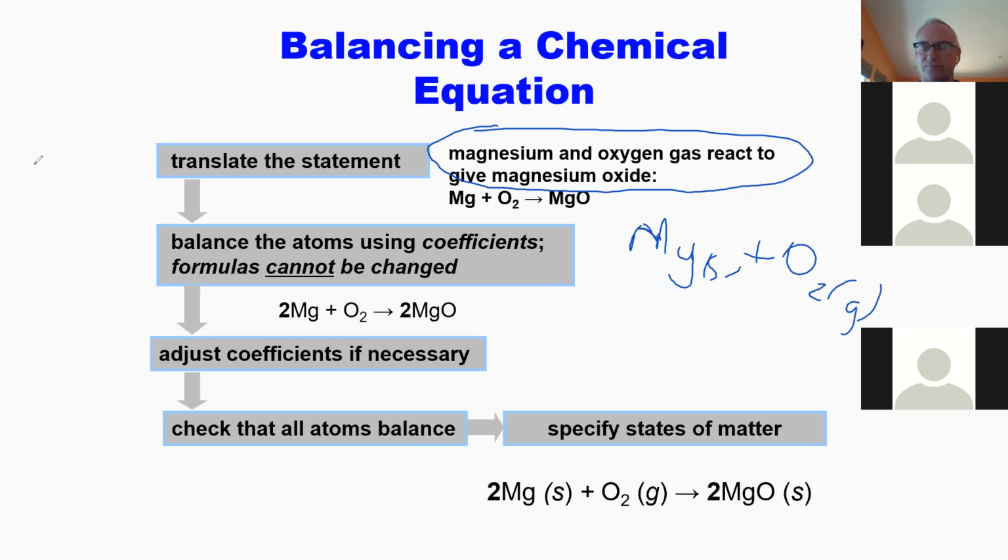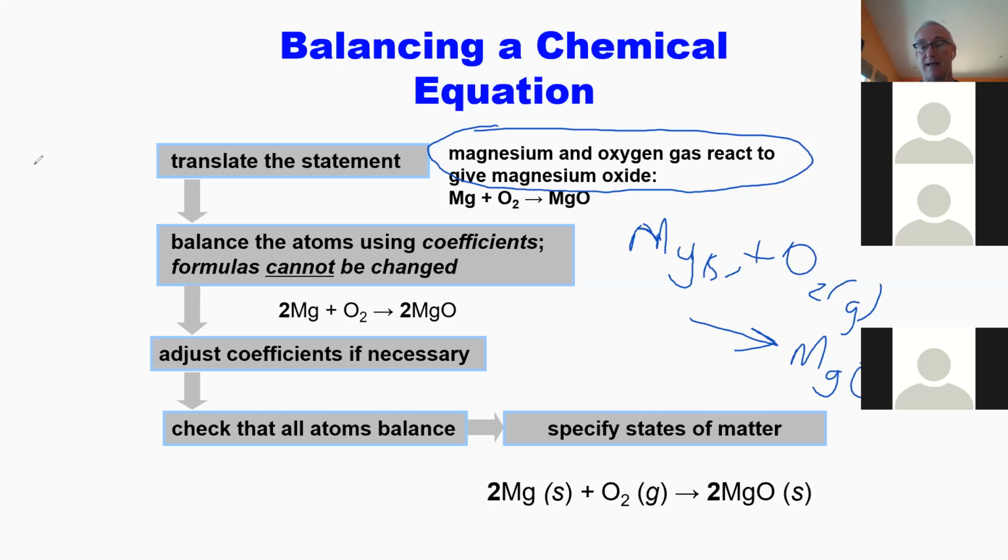So you have to remember that oxygen is O2, not O, and it's a gas. And then arrow, because it's a reaction, and magnesium oxide. So you're going to have to remember that magnesium is +2 when it forms an ion, and oxygen is O, -2.